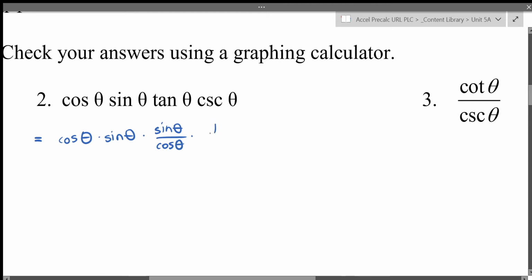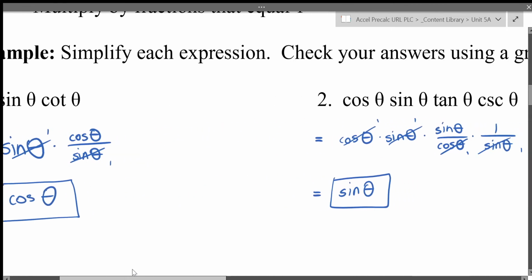Cosecant theta is the reciprocal of sine. And that should give me, well, sine theta and sine theta cancel to 1. Cosine theta and cosine theta cancel to 1. So we have sine theta times 1, which is just sine theta. And again, no fraction, and try to use the least amount of functions you can.